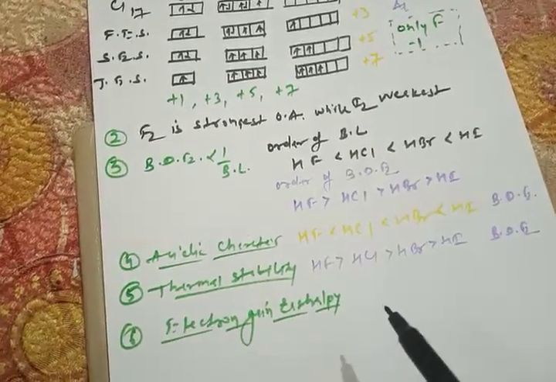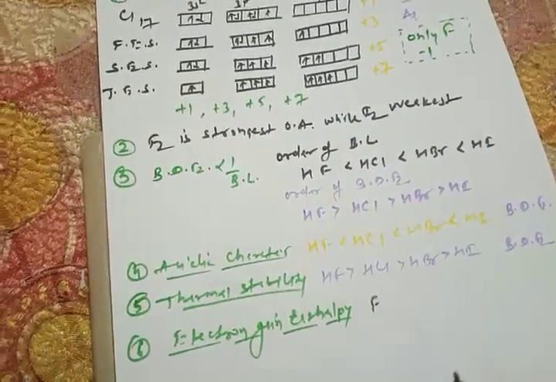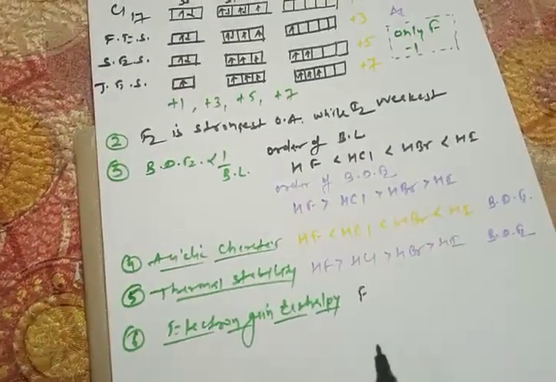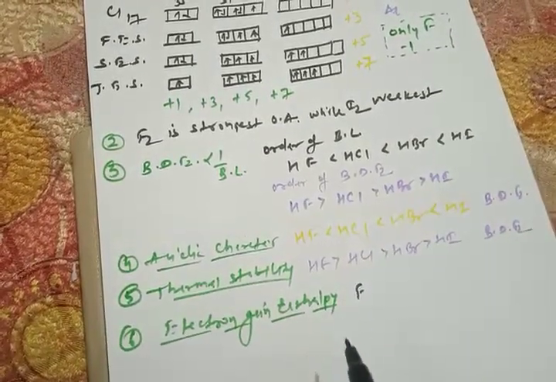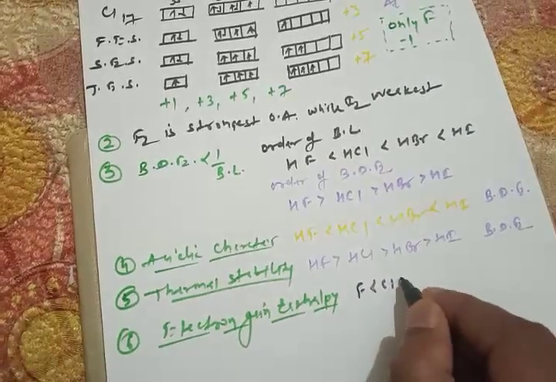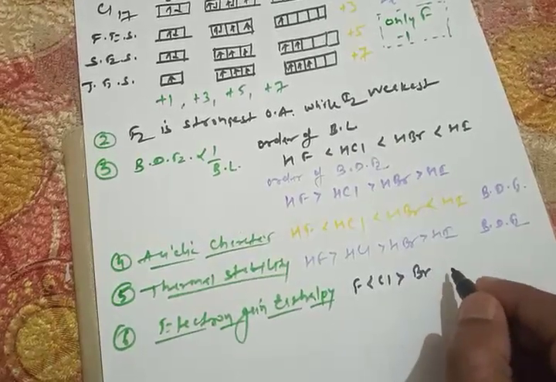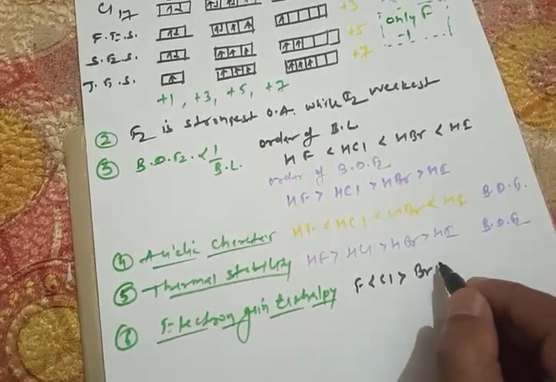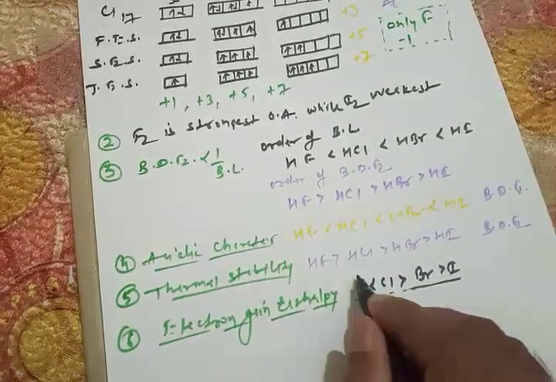But as we know that fluorine is the most electronegative, so fluorine should have the strongest electron gain enthalpy, but it is not like that. Here chlorine is stronger compared to fluorine. This is the difference. This you should remember always.